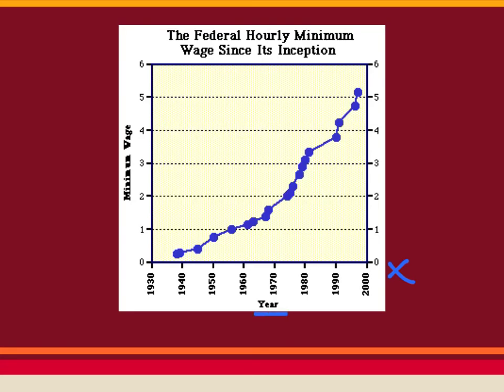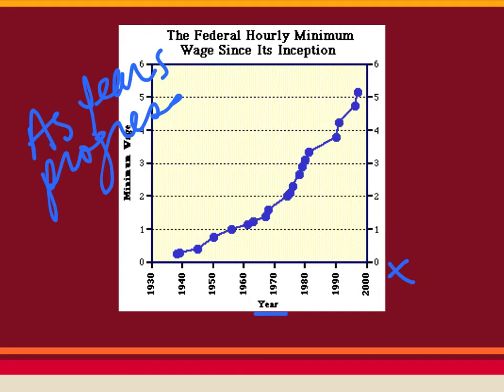Okay, and so a good way to start out your conclusion is, as years progress, or as time goes on, or that is to say, as we go along the X-axis, what's going on to the data? Well, clearly we see the data moving upward as we move to the right of the X-axis. Okay? As we move to the right, we see the data moving up the Y-axis.